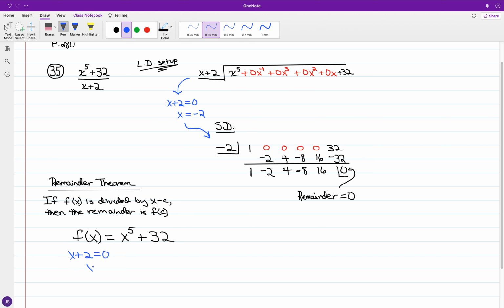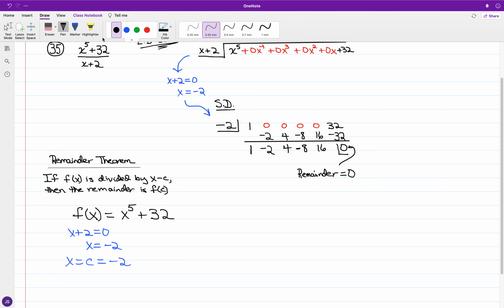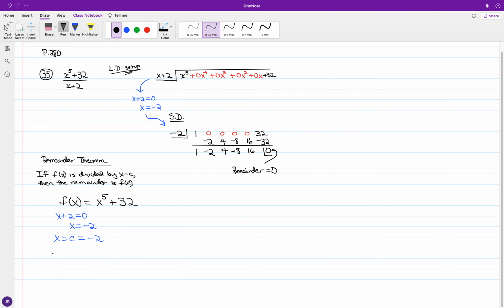And if I set x plus 2 equal to 0, again, I have x is equal to negative 2. That c value, the corresponding x value from having set x plus 2 equal to 0, is going to be negative 2. So in the case of the remainder, we have f of c, with c at negative 2.